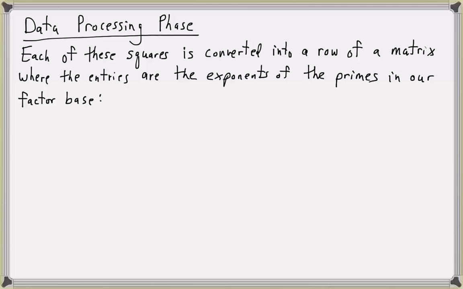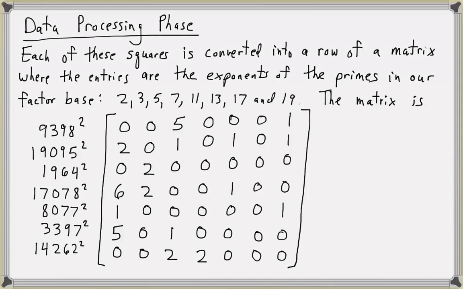In our example, our factor base consists of primes less than 20. So then the matrix is again corresponding to the previous squared relations. Now once we have this matrix, we look for rows that we can add together to produce a vector with all even entries.